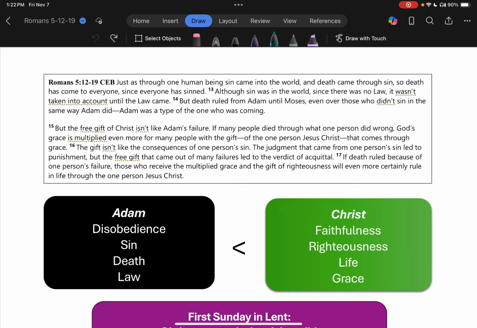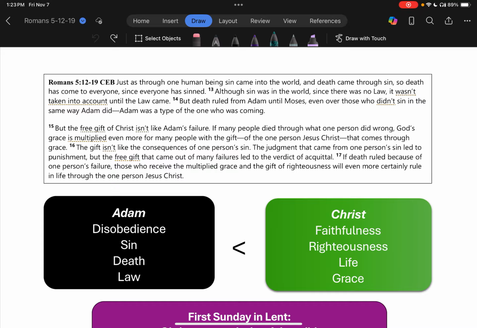And then in chapter 4, he uses Abraham as an example to talk about how Abraham's faithfulness apart from the law is like Christ making a way towards righteousness apart from the law. In some ways, this passage in chapter 5 is doing something similar in the sense that Paul is drawing these parallels between Abraham and Christ, that there's a certain sense in which Abraham is a type of Christ, a foreshadowing of Christ in chapter 4.